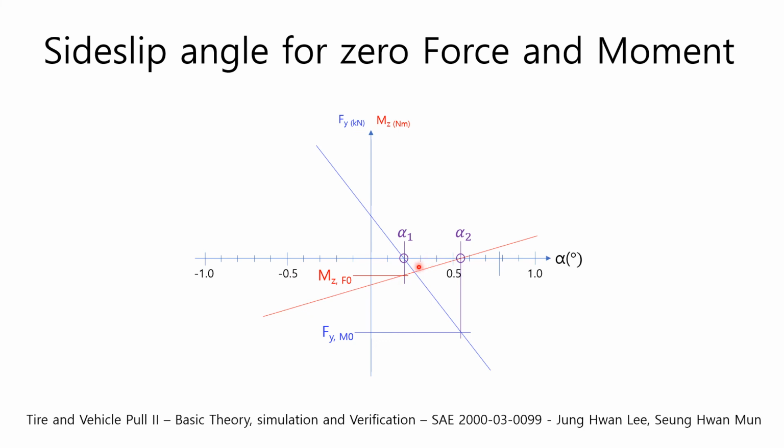In that case, as shown in this figure, at the side slip angle alpha 1, lateral force Fy is equal to 0, but the corresponding self-aligning moment Mz is not equal to 0. At the side slip angle alpha 2, self-aligning moment Mz is equal to 0, but the corresponding lateral force Fy is not equal to 0. So, whichever side slip angle you choose, one of them is not equal to 0. Consequently, there should be a vehicle pull.